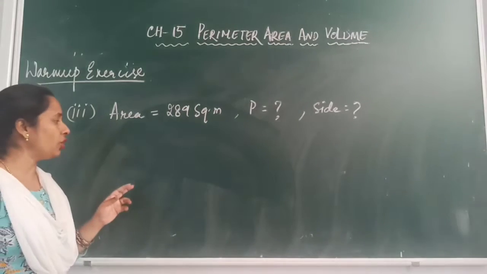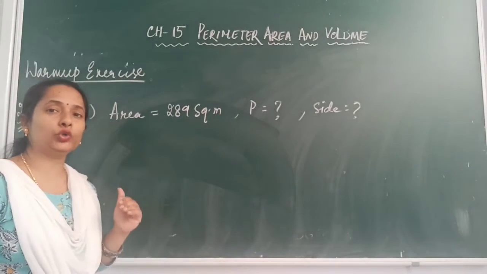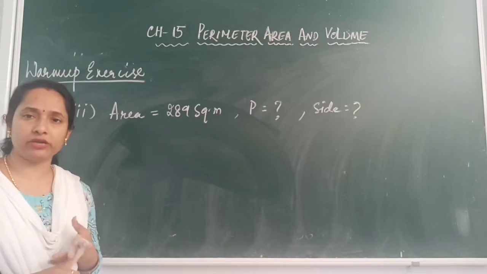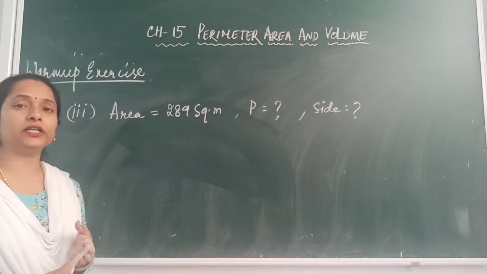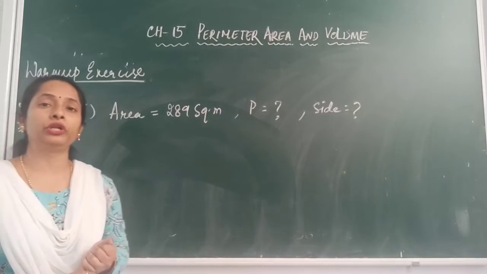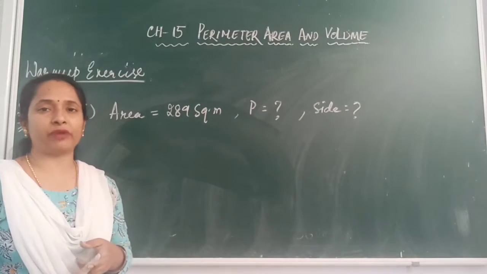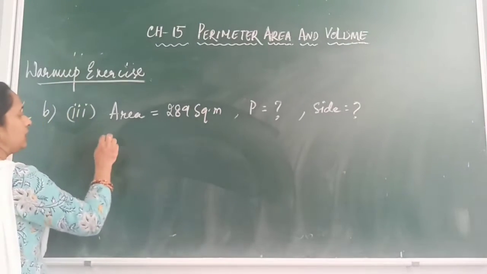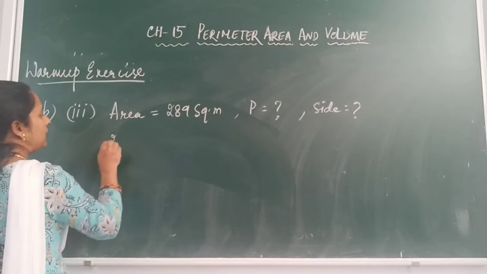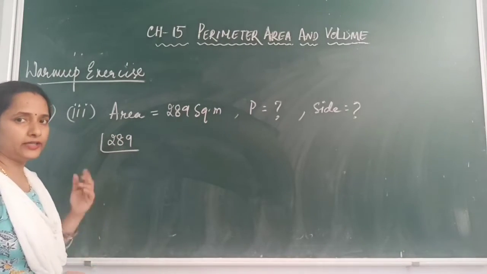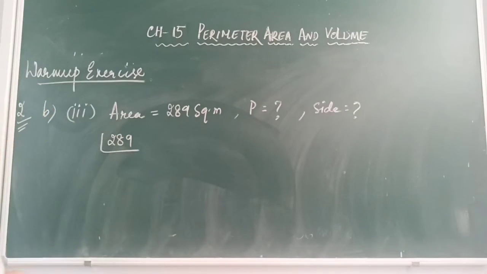I think you all have learned how to do prime factorization. When we were learning about finding factors and multiples, we learned how to do the prime factorization of a number. So we are going to take help of the method of prime factorization in order to find the length of the side of a square. What we need to do is simply prime factorize 289. Now tell me, how can you factorize 289?